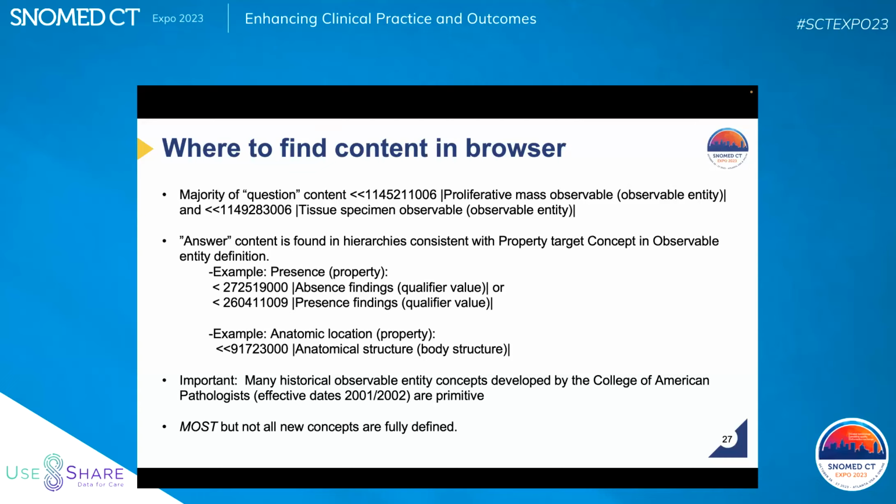That means it's fully defined. That's definitely new content. If it's not fully defined, you should be looking at the effective date. The effective dates here are anything north of 2018, more likely 2020. Prior to that, they're probably going to get terminated.